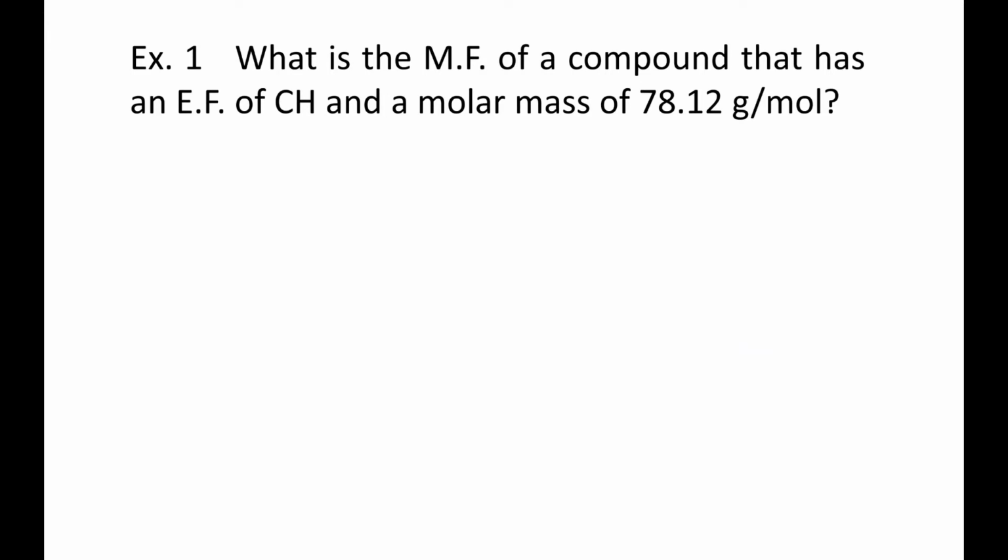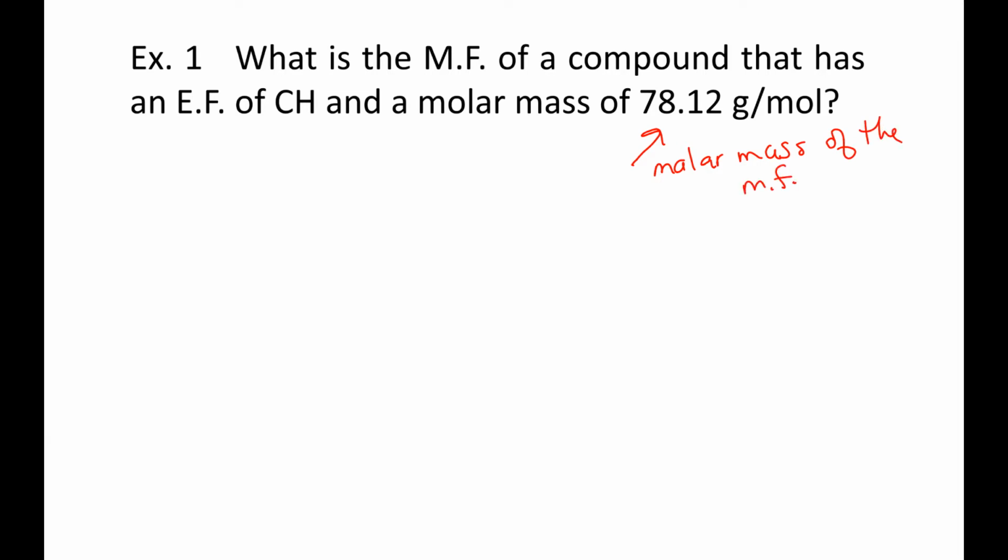Let's look at the first example. What is the molecular formula of a compound that has an empirical formula of CH and a molar mass of 78.12? This right here is the molar mass of the molecular formula.